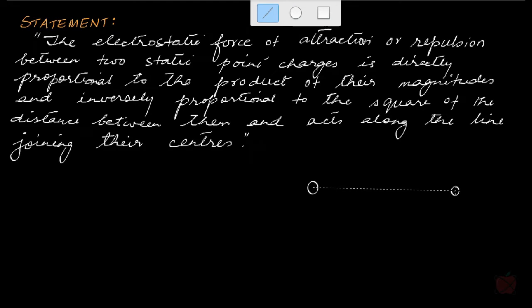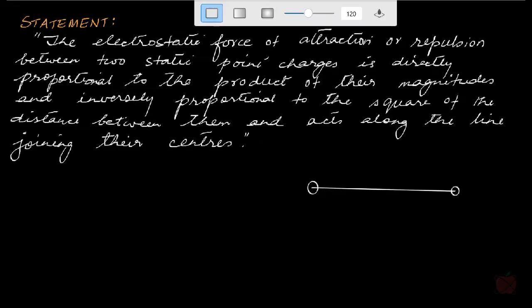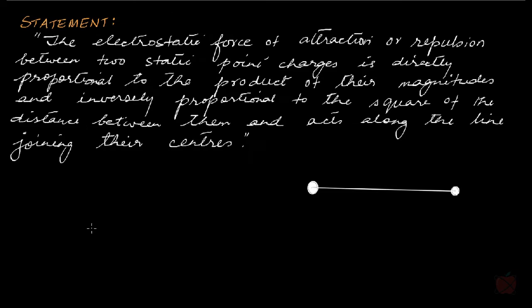I'm just drawing a line to indicate that there is some distance between the two charges, though actually there is no line that joins them. Now let's say this charge is Q1, the amount of charge there, and this one is Q2. Both of them are point charges, so there will be a force of interaction between these two charges. And let's say the distance between the two charges is R.